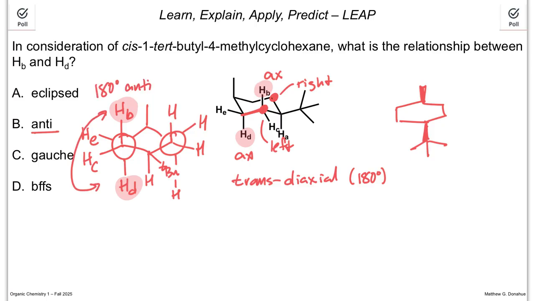So there you're able to see as you move from HB to HD, you have to go 180 degrees for the dihedral angle, and that's anti.